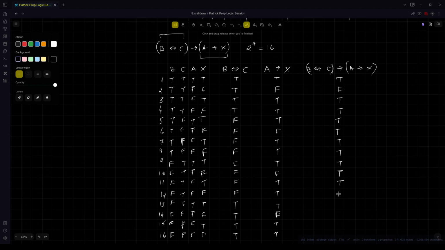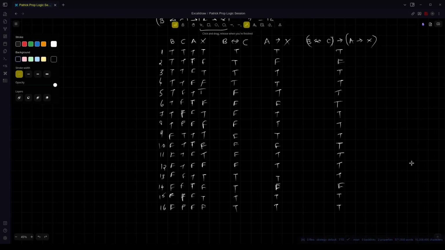Wait, where would that be? Where are we now? We're on row 11. Yes, that's a true, false, true. Yep. So that's the table.